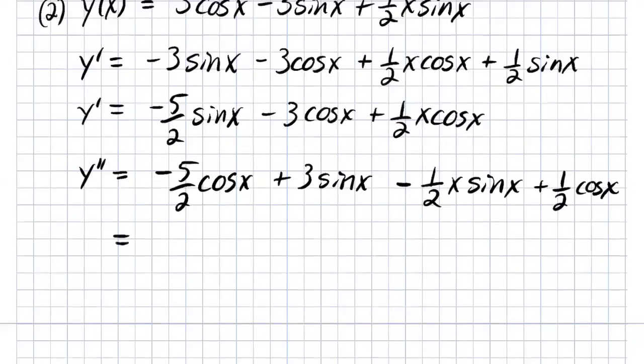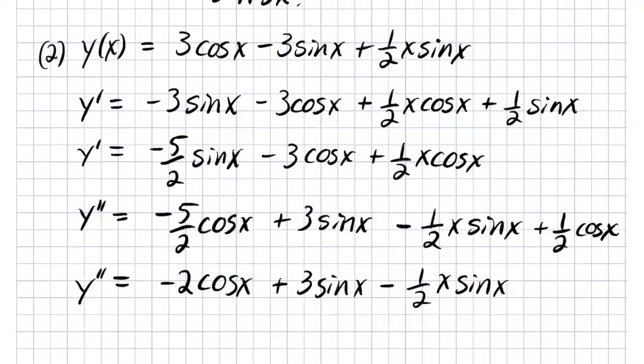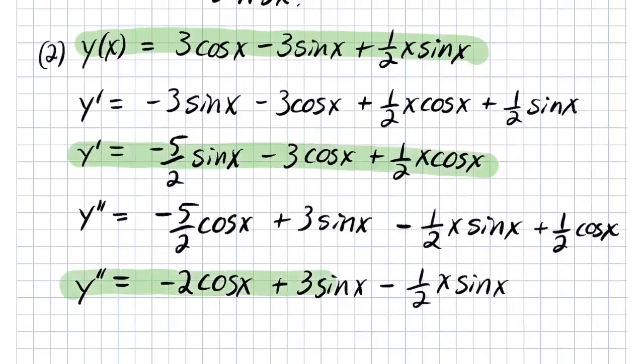Okay, and that also simplifies. So that'll be -4/2, better known as -2. So -2 cosine x plus 3 sine x, and then minus 1/2 x sine x. All right, so let's highlight the good stuff here. Actually, I think we probably don't need y prime. I think we just need the second derivative.